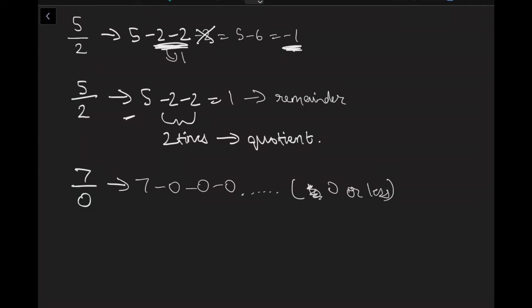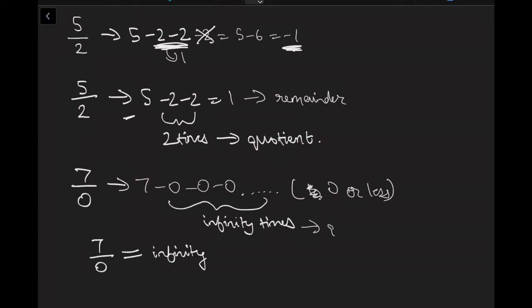Now we know that if we keep on subtracting 0 from 7, we're never going to reach 0 or below 0. So that means that we're going to subtract 0 infinity number of times. It's never going to stop. And that is how we get 7 divided by 0 is equal to infinity, because this is the quotient.